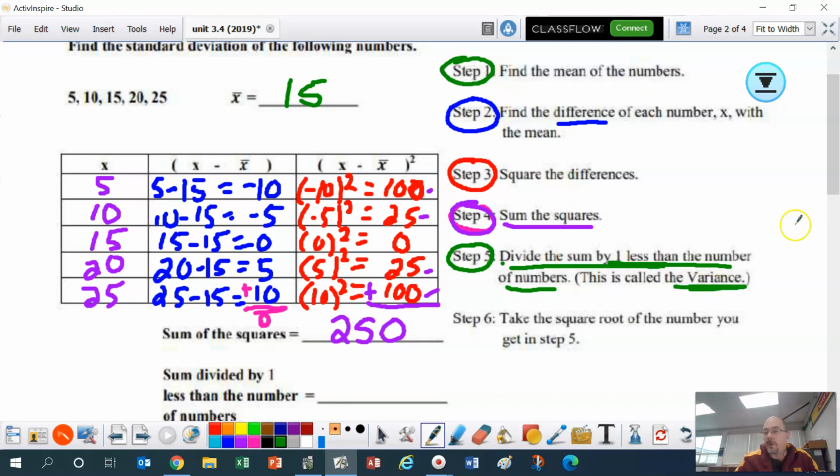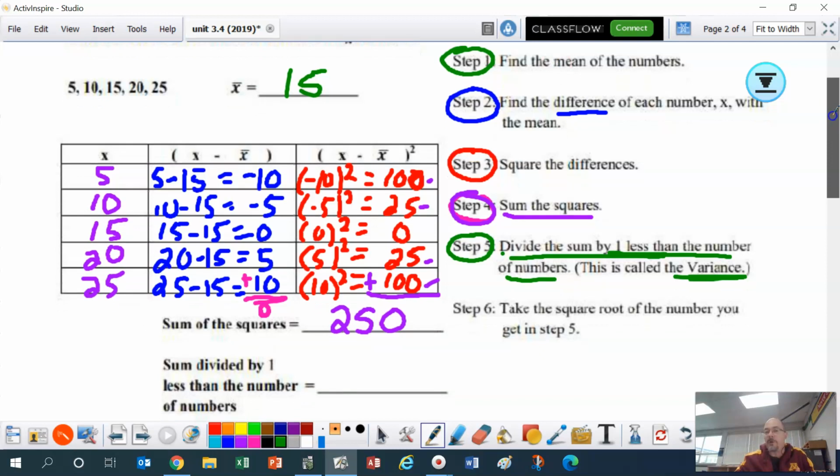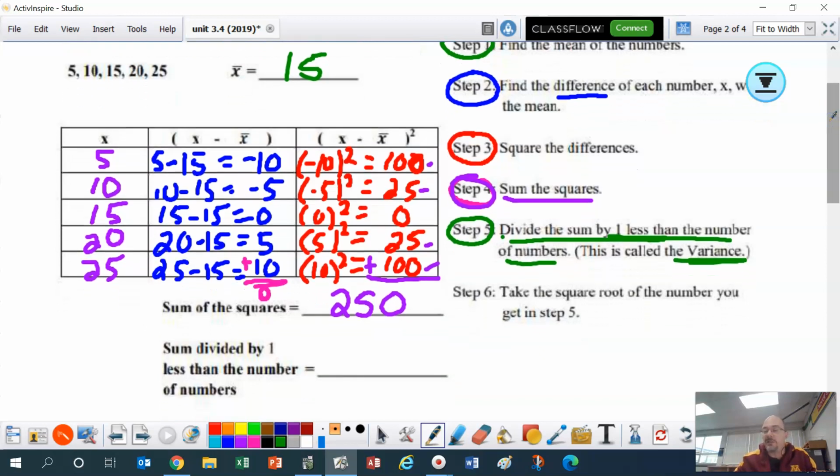I won't worry about holding you to knowing that word, but if you ever take AP statistics in the future or you take statistics in college, you will see that word. We're going to divide by one less than the number of numbers. Well, there are 5 numbers, right? 1, 2, 3, 4, 5. So we're going to take the 250 and divide it by 4.